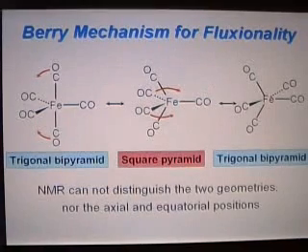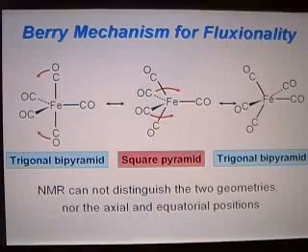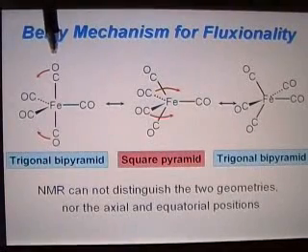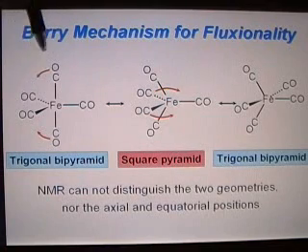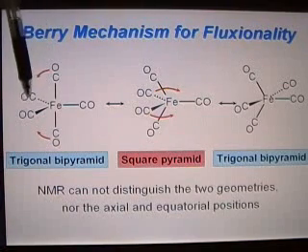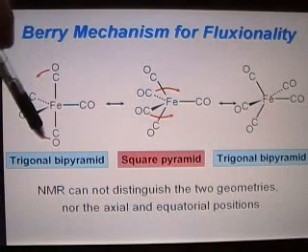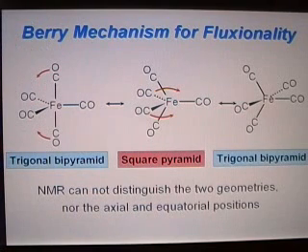Now there is a mechanism behind fluxionality. So let's say, now this is a commonly known coordination compound, pentacarbonyl iron 0, okay? Now notice that you've got 3 carbonyls on the equatorial positions and 2 carbonyls on the axial positions.